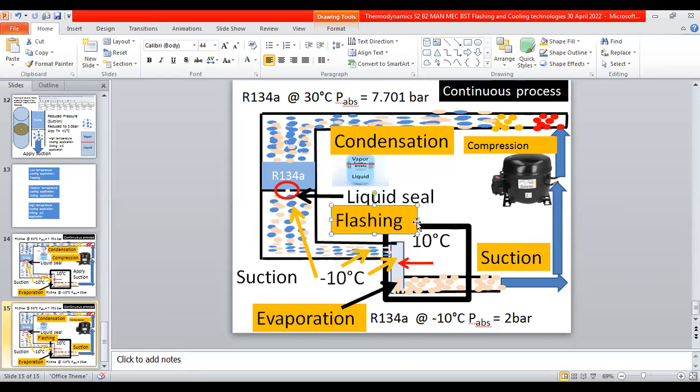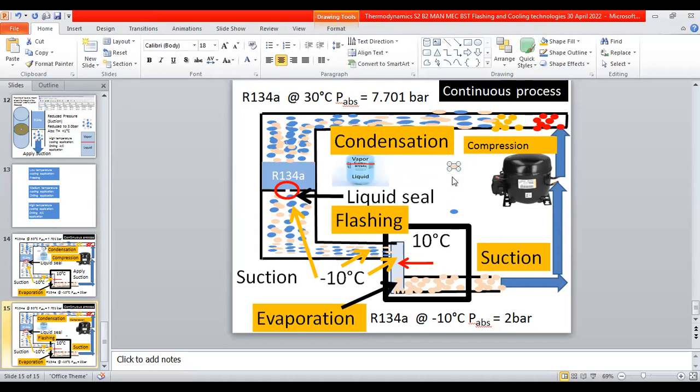In flashing, it's a very nice phenomenon. You have a tiny liquid droplet turned into gas.